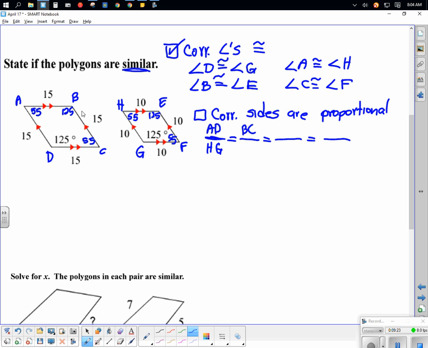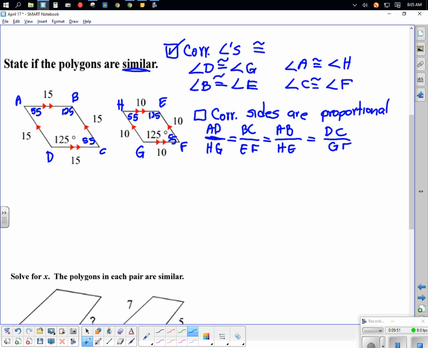BC is the right side, that corresponds to EF. Now pick another side from this polygon. Let me pick AB. AB is the upper side, that corresponds to HE. And lastly, side DC, that is the lower side, that corresponds to GF.